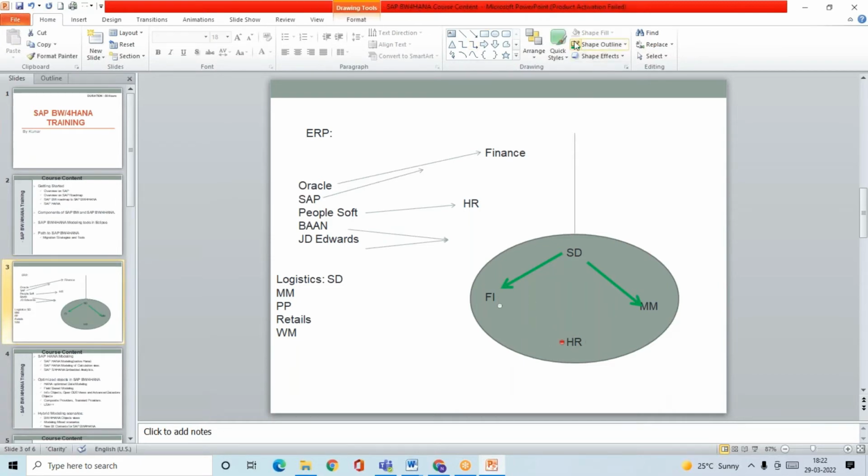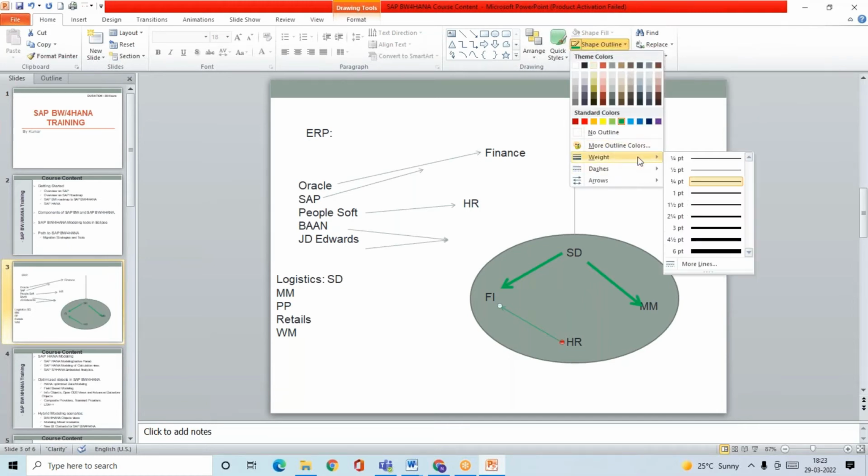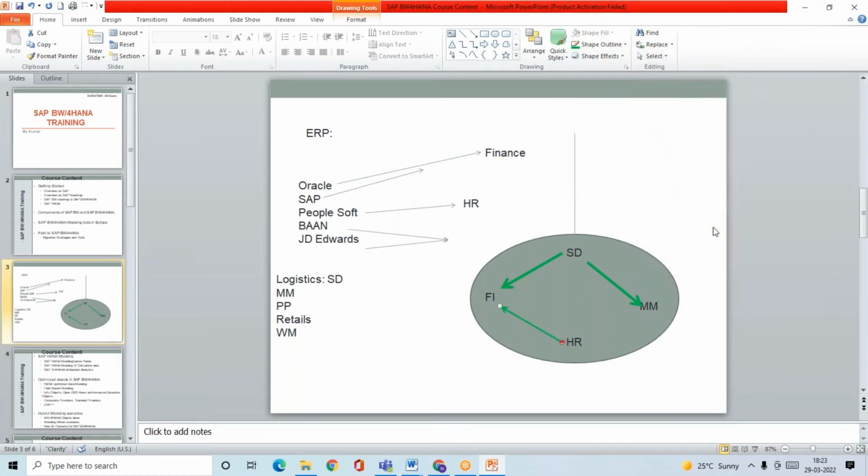For this integration, they might be using some third-party tools. Suppose now I am using one version. Down the line, a newer version comes for Oracle. Whenever I do any enhancement to that particular Oracle application, again I have to check if the present integration module will support it or not.